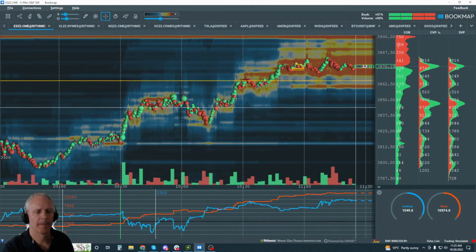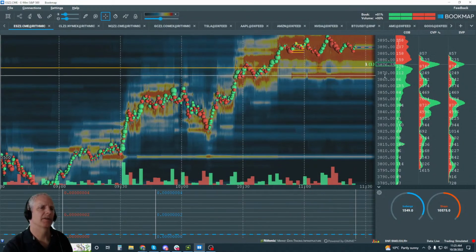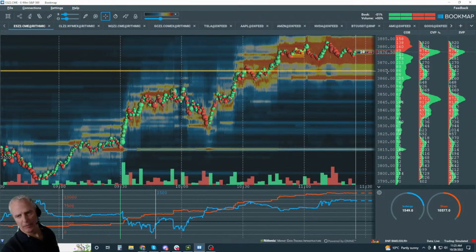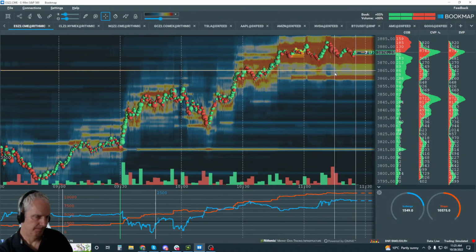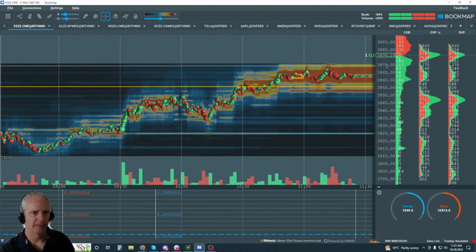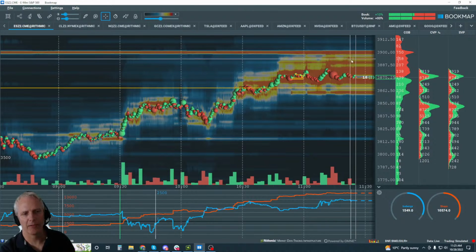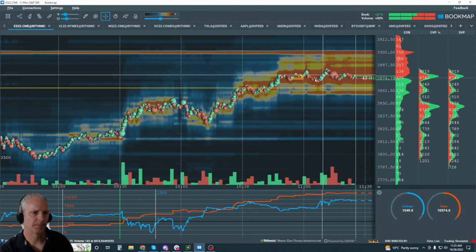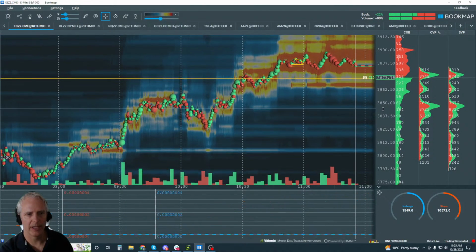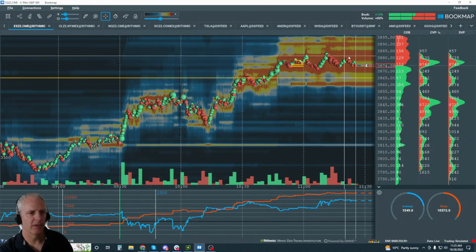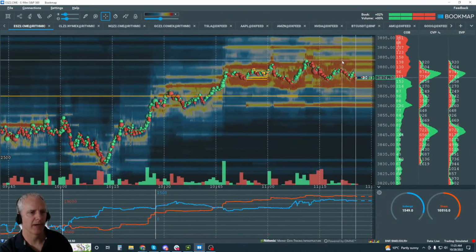But right now, I mean, there's going to be all sorts of back and forth in here, and it's going to be pretty choppy, I imagine. However, it trading back up to 3,900 is not out of the question whatsoever. In fact, I think it would probably be more likely that it would get up there than not. However, you know how it is, especially on Friday.